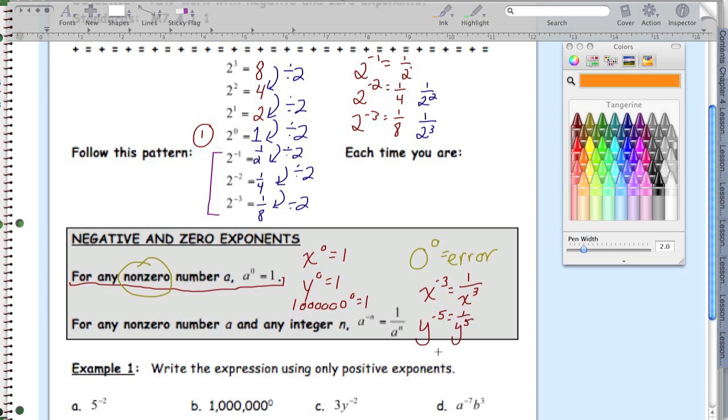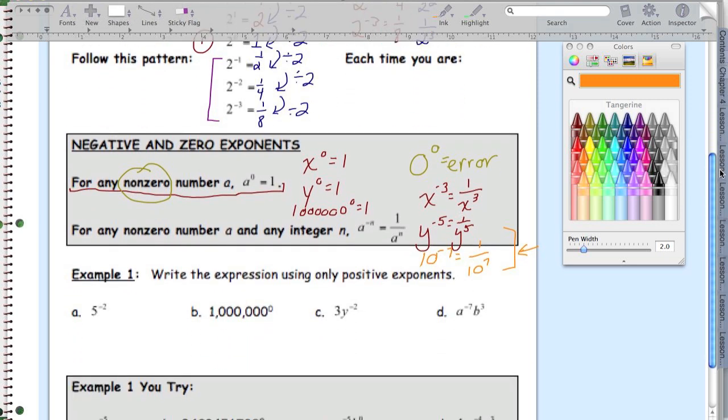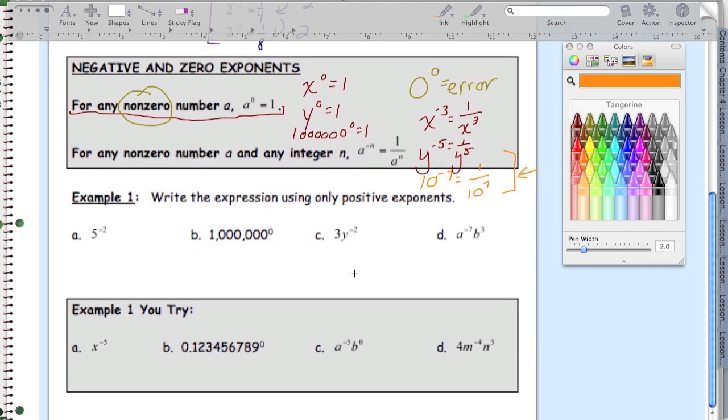If you have, let's take a number, 10 to the negative 7, that's the same as 1 over 10 to the positive 7. And we'll also look at some of the calculator work with new numbers to see that this actually is the same. We'll type in 10 to the negative 7th, then 1 over 10 to the 7th, and they will be equal. They're exactly the same.